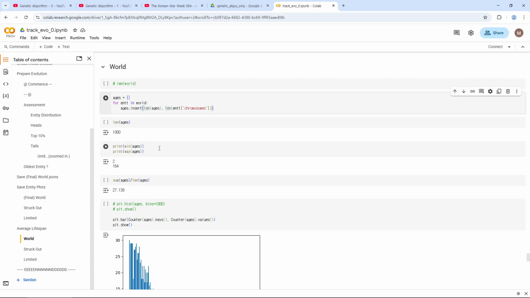So I did that, and I got the minimum age, which is 2. Which is obvious, because there are 500 generations, and the latest entity would have been created in generation 499, the second last generation.